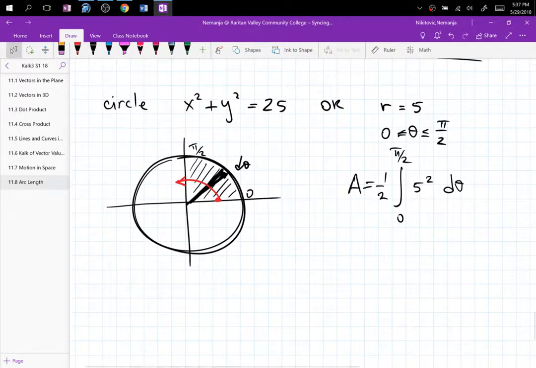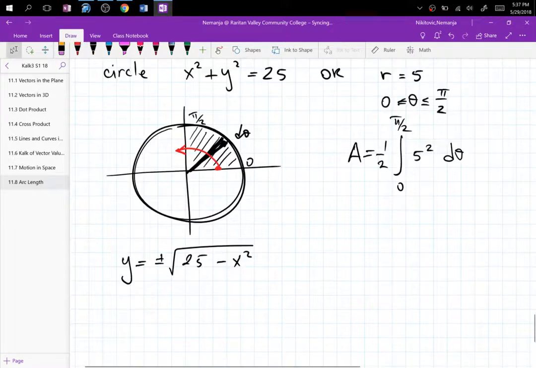Now let's take a look at the horror of what the rectangular side is going to bring. First off, we have that y is equal to plus minus square root of 25 minus x squared. Now, plus and minus here, plus is the top half, and minus is the bottom half.